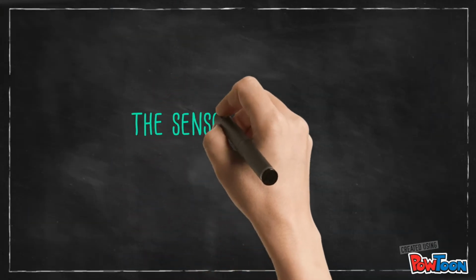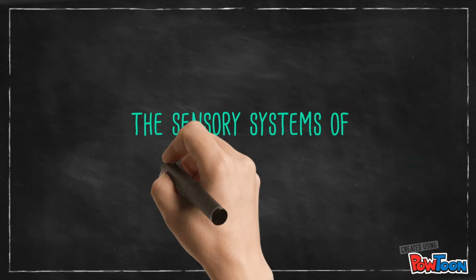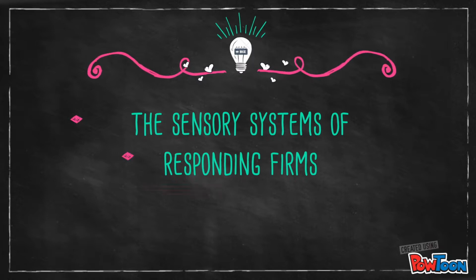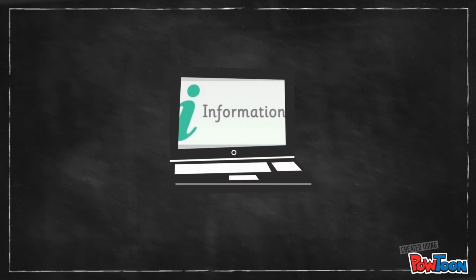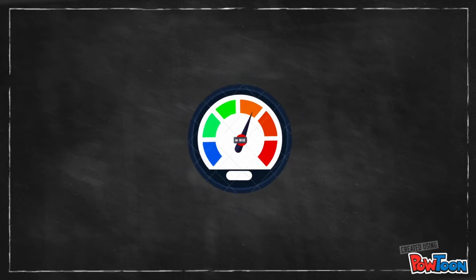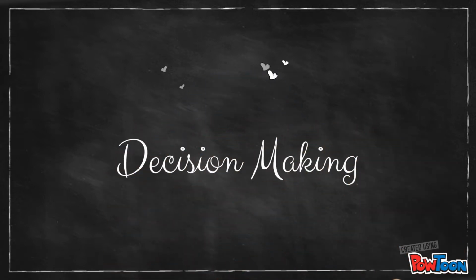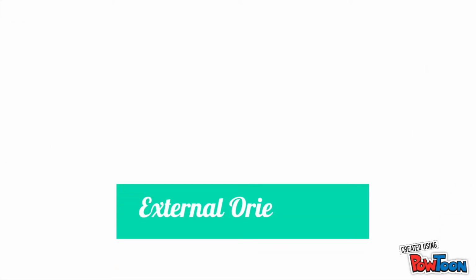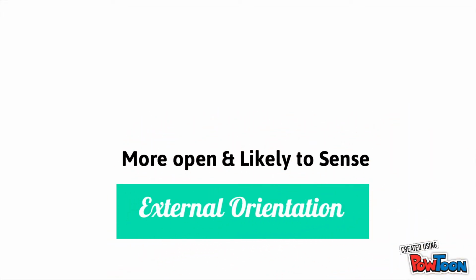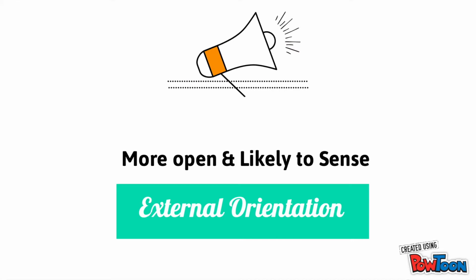Secondly, the sensory systems of responding firms. A response cannot occur if a decision maker does not realize that a competitor has made a move. Hence, sensory or sensing systems are a vital concern to the quality and speed of decision making. Firms with an external orientation will be more open and more likely to sense a rival's actions than those with an internal orientation.